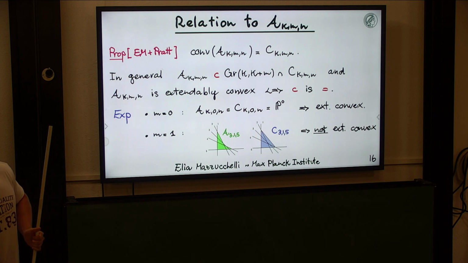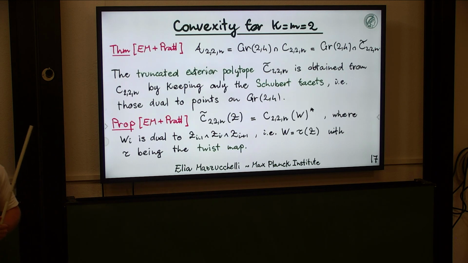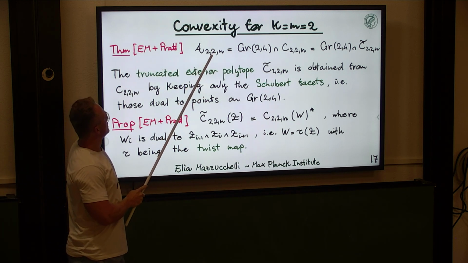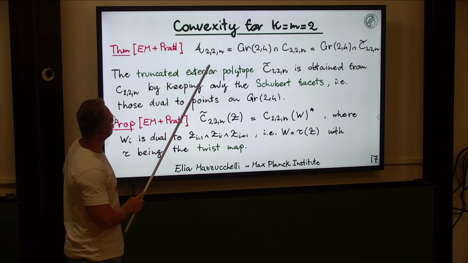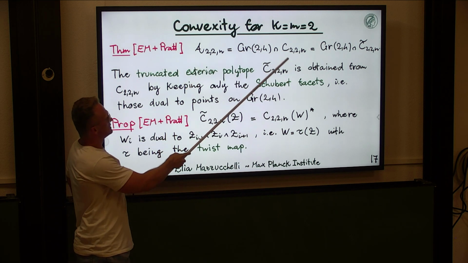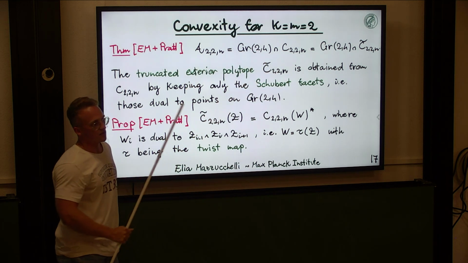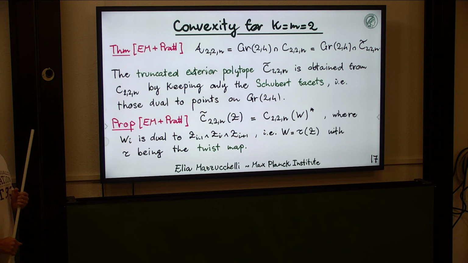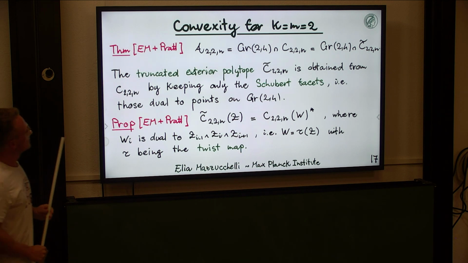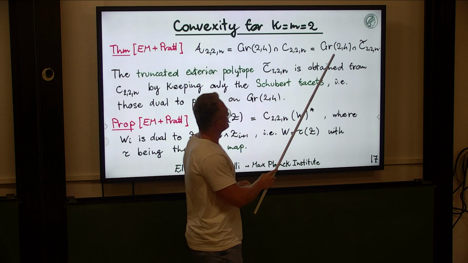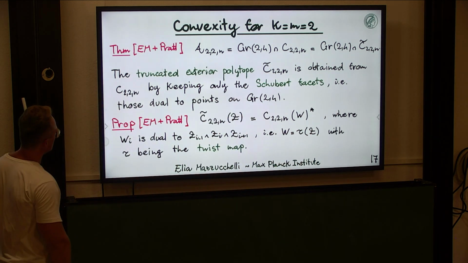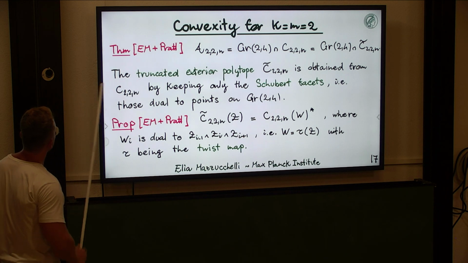So maybe one could ask if at least for m even this is the case. Well, that was too ambitious, but for m equals k equals 2, we managed to prove that the Amplituhedron is indeed extendably convex. So it is the intersection of Gr(2,4) with the exterior cyclic polytope for those parameters. And it also coincides with the intersection of Gr(2,4) with another polytope that I'm going to briefly tell you about now.